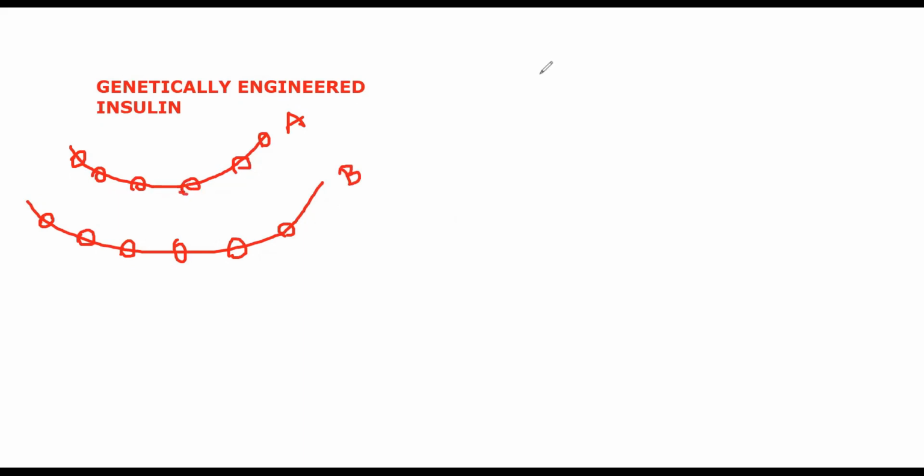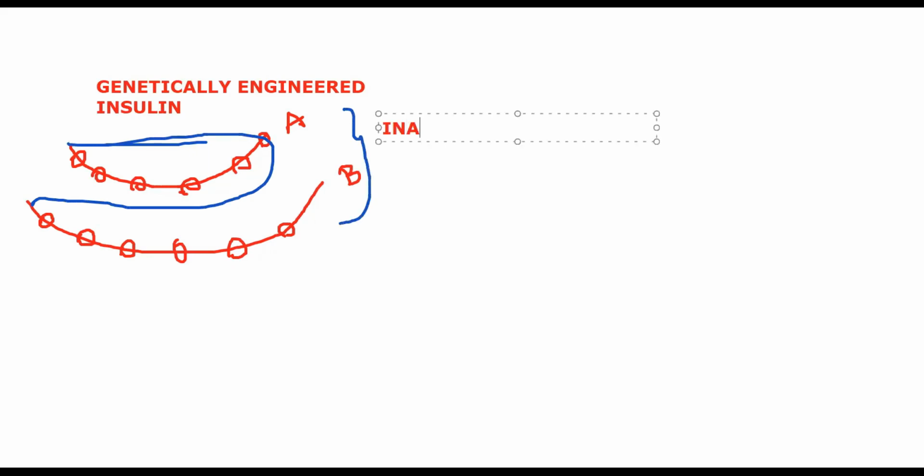And it has a linker chain also, a C chain. So A, B and C, this is an inactive insulin or pro-insulin.